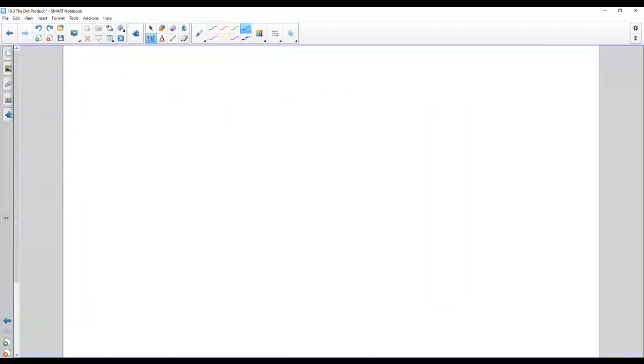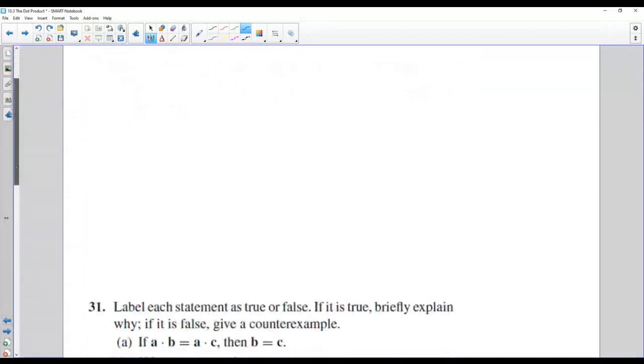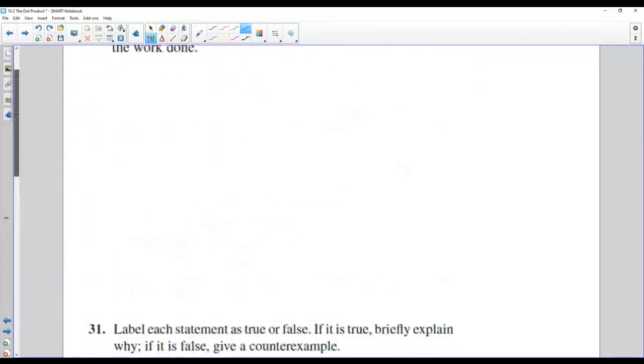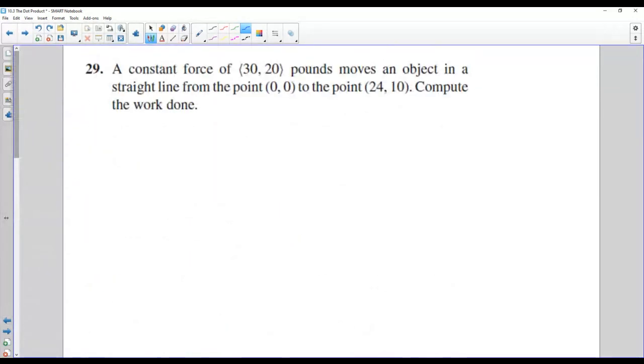And then the last one. I want to do this one. Last one: a constant force of 30, 20. So this is a vector, the force. This is like the example I gave you just a moment ago. This force moves an object from the point 0, 0.